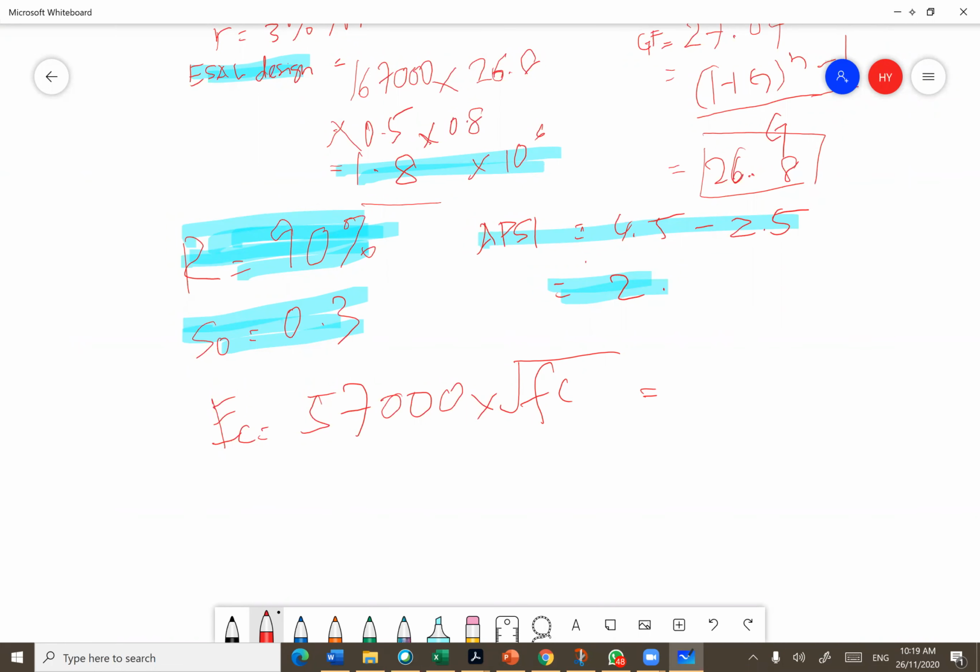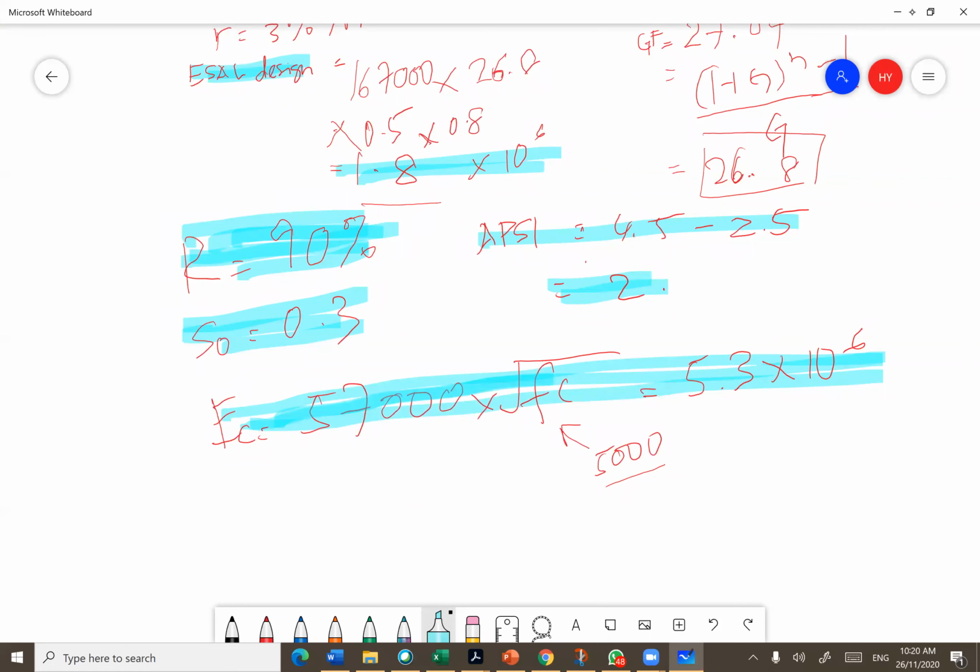So what is the value? FC here is 5,000, from the question, the compressive strength test. So what's the value for the concrete modulus? Some got 5.3 million, others got 4 million.